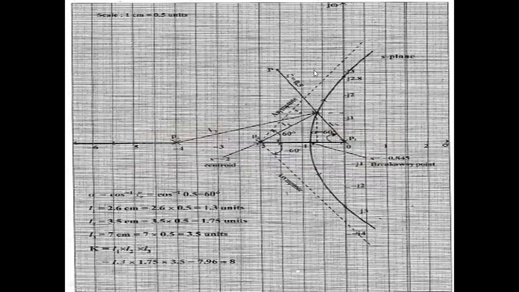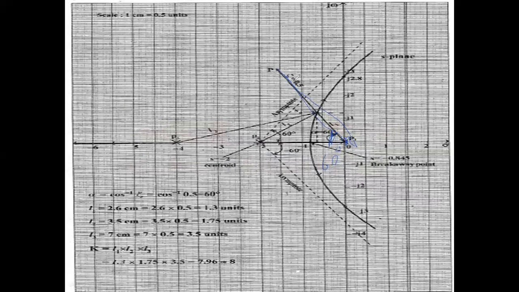So this is the 60 degrees line. When zeta is equal to 0.5, just join the line from the origin, from the negative real axis here, at 60 degrees, using a protractor. We have to draw a line which cuts the root locus.